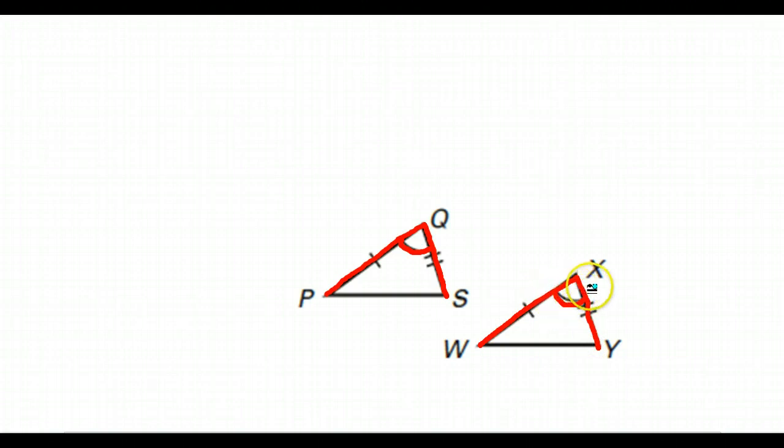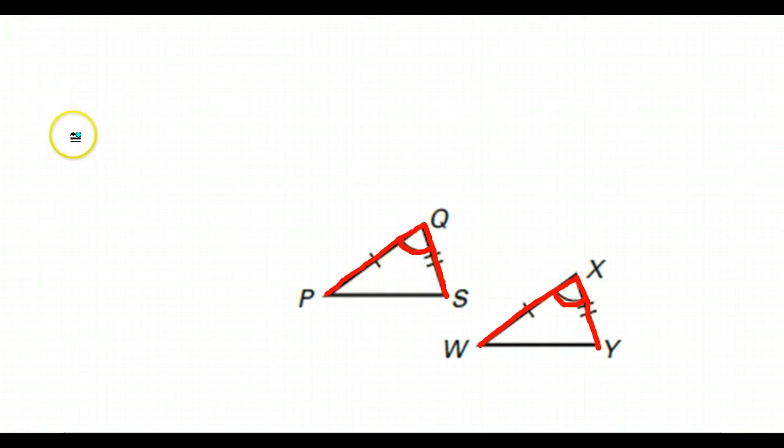That is what is meant by the included angle. Anyway, if we had 2 sides and the included angle congruent to 2 sides and the included angle, it turned out that that was enough information to prove that the triangles were congruent. 3 pieces of information did it, not 6. We didn't need all 6.